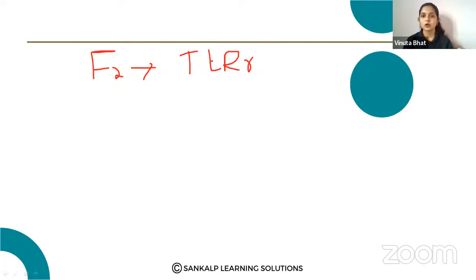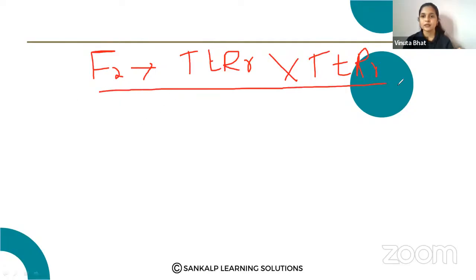When crossed, they produce gametes. So you can write it using the checkerboard.